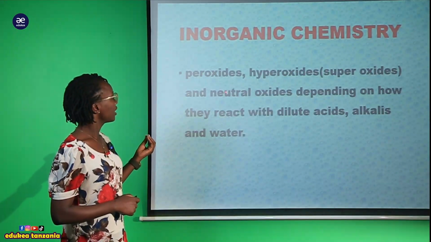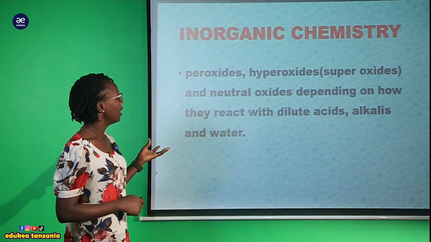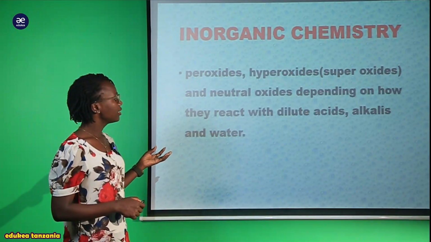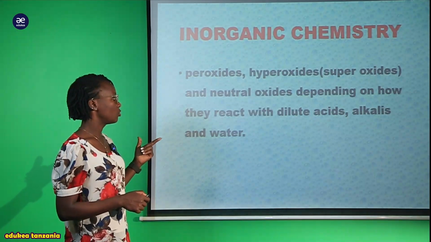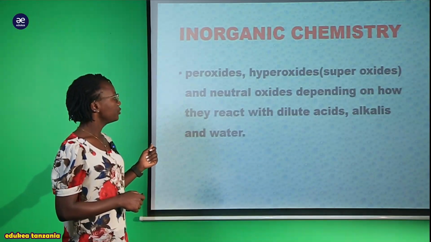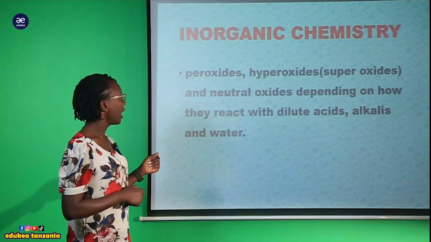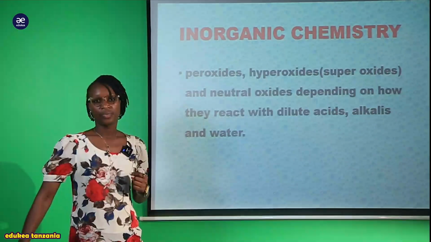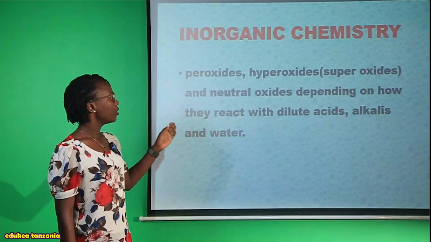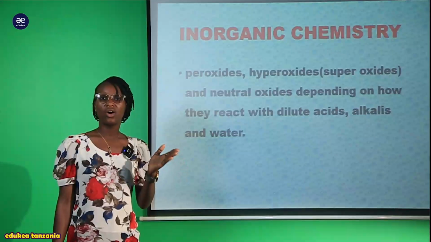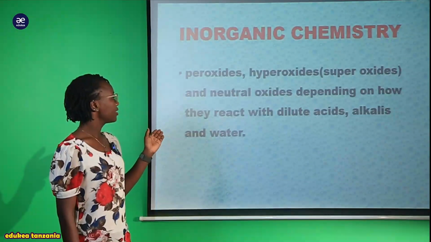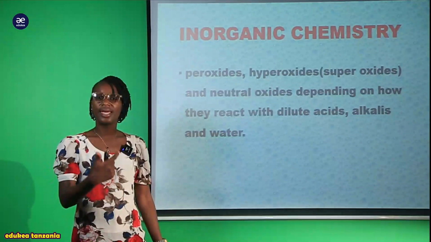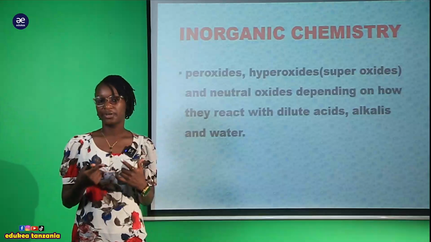Anasema kwamba also it can be a peroxide, hydroxide, super ambayo sometimes tunasema ni superoxide, and the neutral oxide depending on how they react with the dilute acid, alkali and water. Sasa hizi categories za peroxide, superoxide au hydroxide, lakini pia na the issue of the neutral oxide, hii inategemeana na zile reactions zitakazotokea.